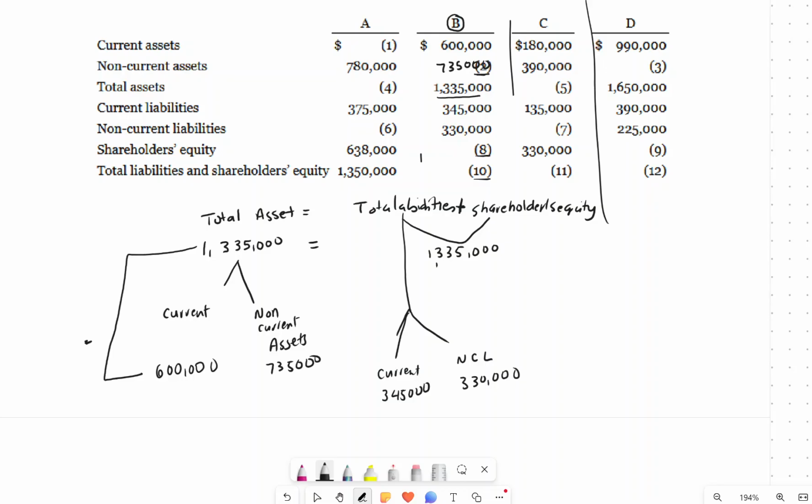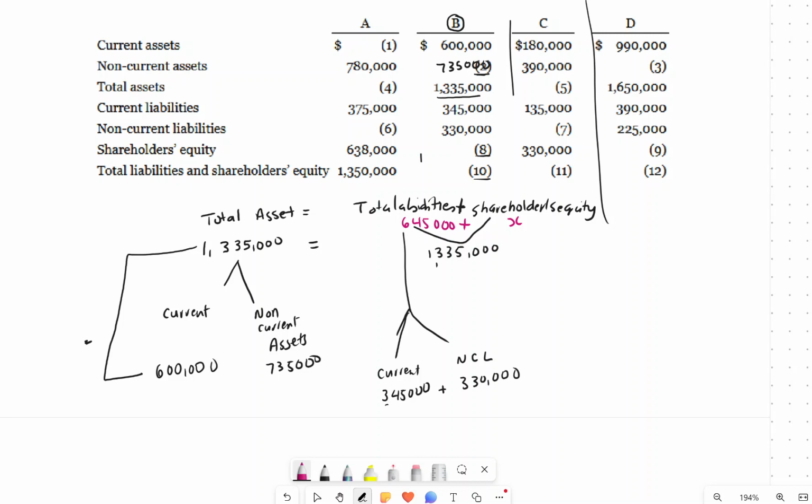If I add both numbers together, I get 645. In the question, we are given the total liability. My total liability is 645,000, and I'm looking for X, which is the difference between the two.